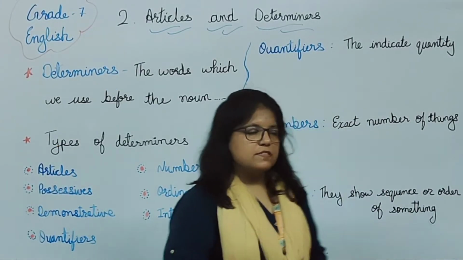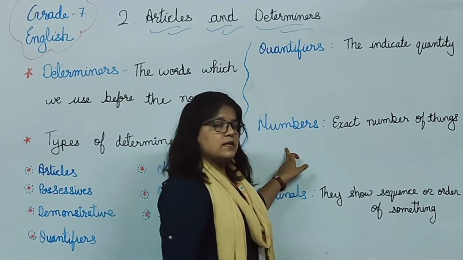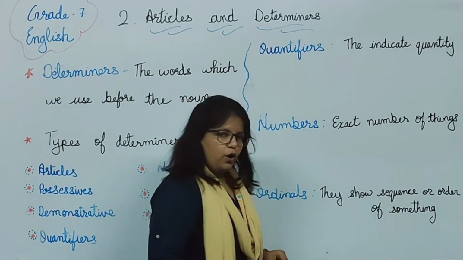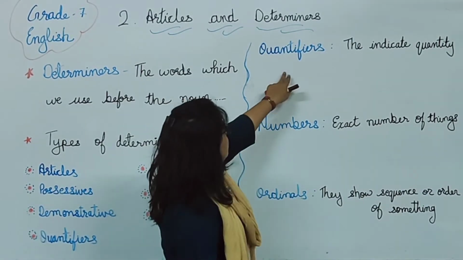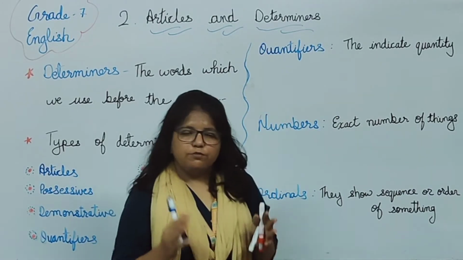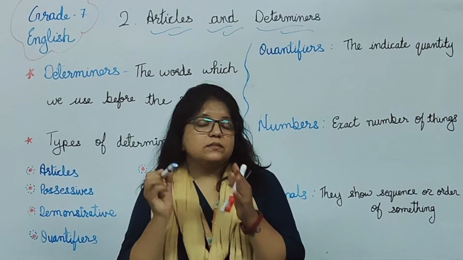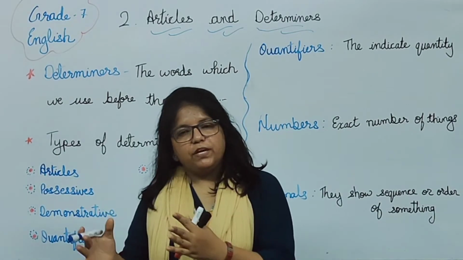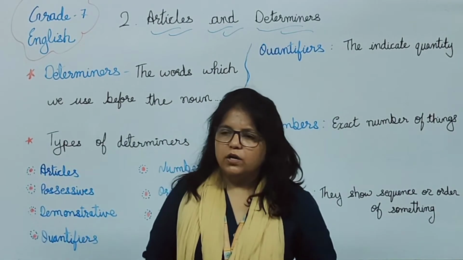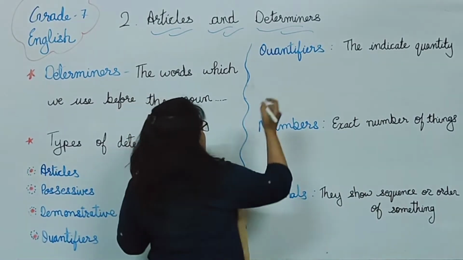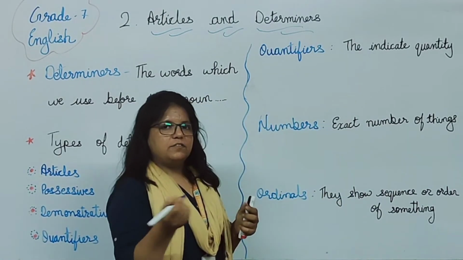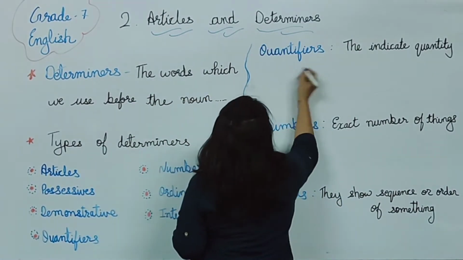Next are quantifiers, numbers, and ordinals. Now with the name only we can understand, means the words which indicate the quantity. It shows us the quantity, not the specific number. Like some of my friends live in USA.